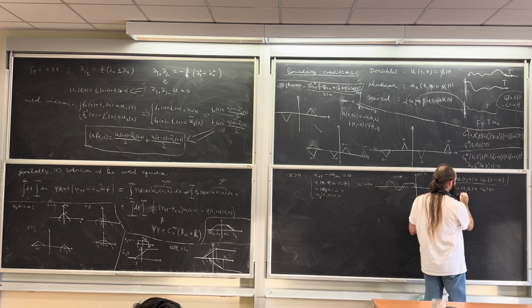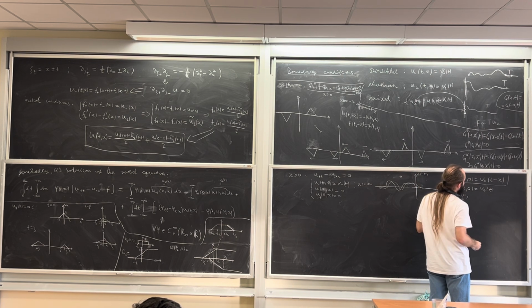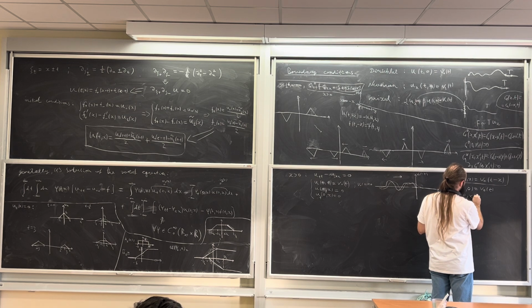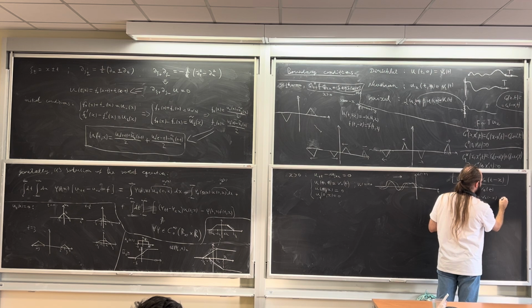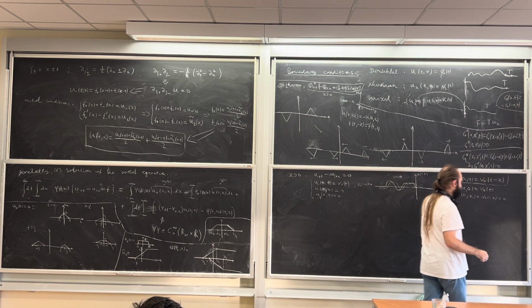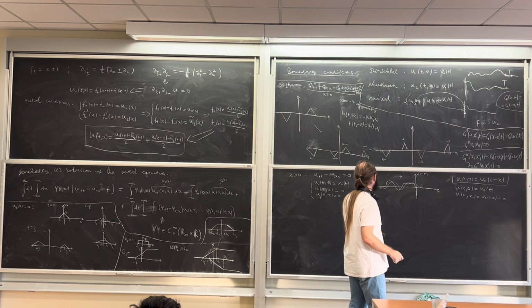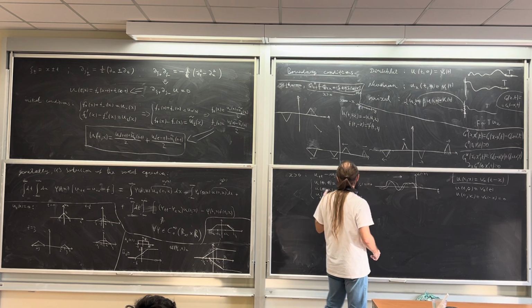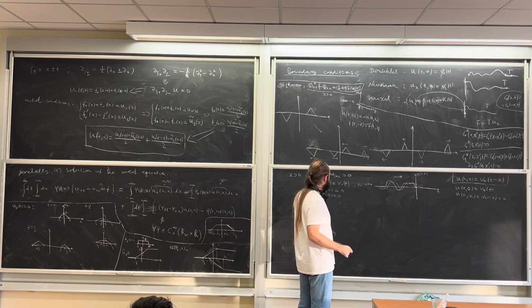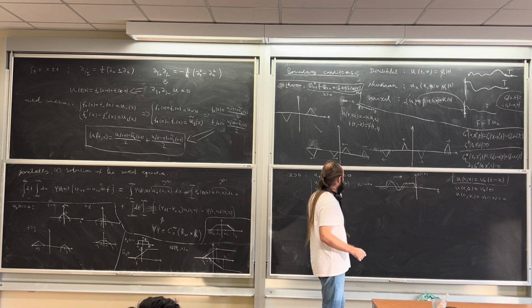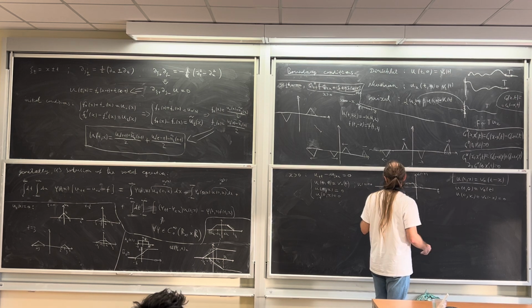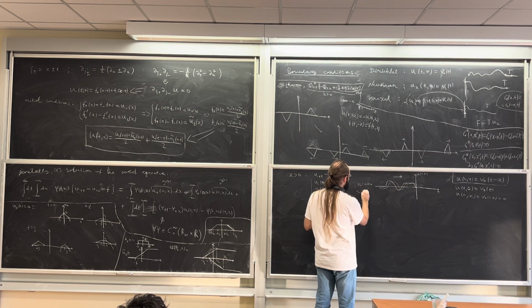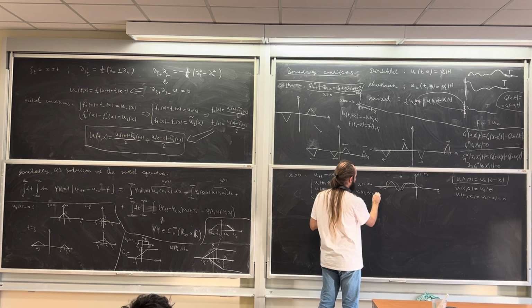Then u of 0 and x is v0 of minus x, which is 0 because it is 0 for negative times. We solve this problem starting from t equals 0, so v0 of t for t less than 0 equals 0.